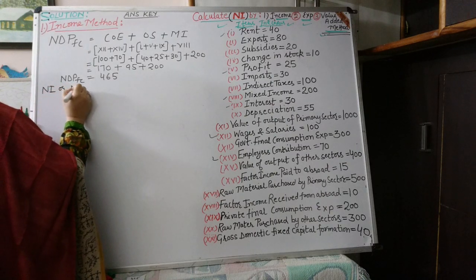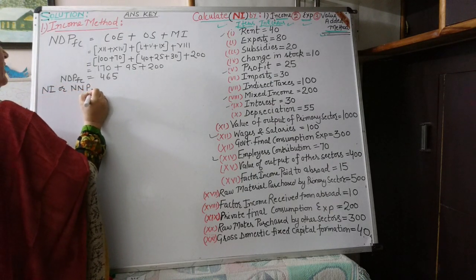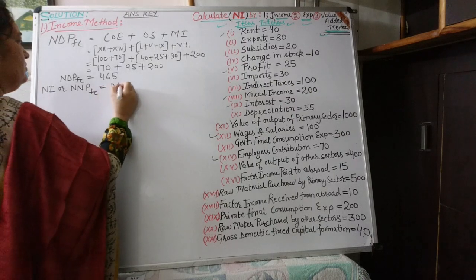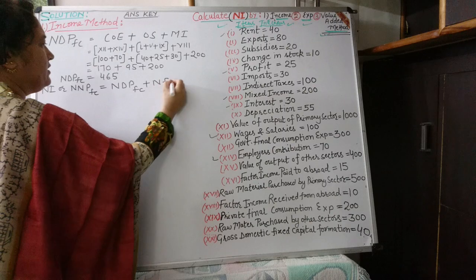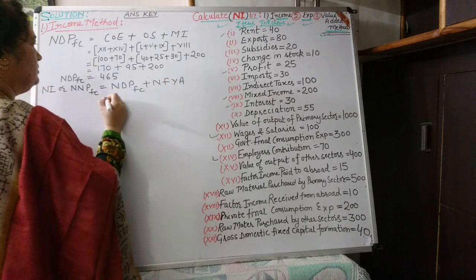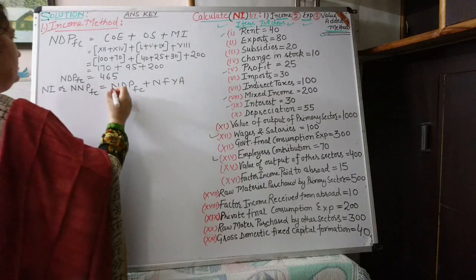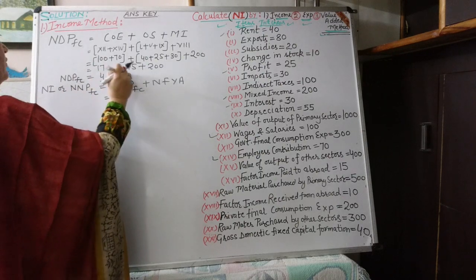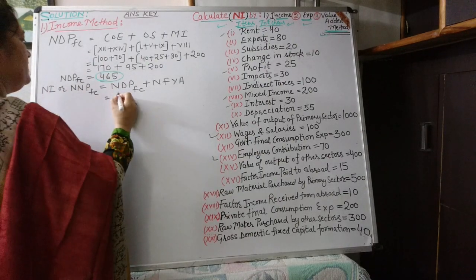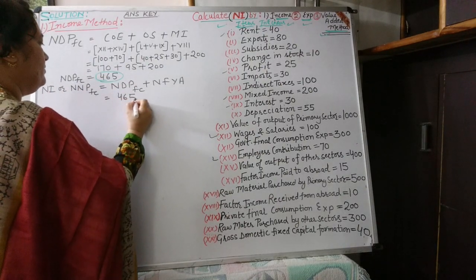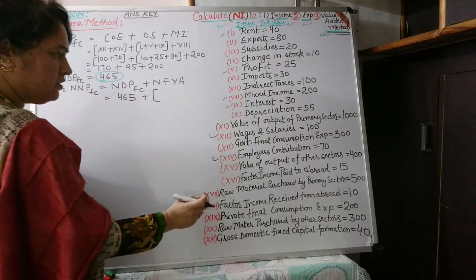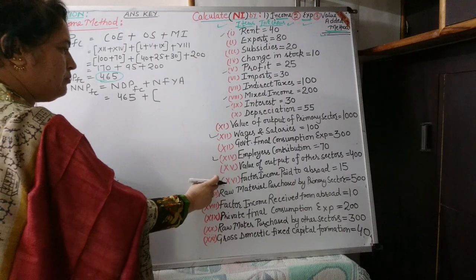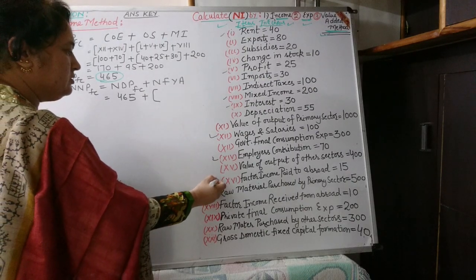So national income or NNP at FC is equal to NDP at FC plus net factor income from abroad, is equal to the value of NDP at FC, that is 465, plus factor income received from abroad minus factor income paid to abroad.